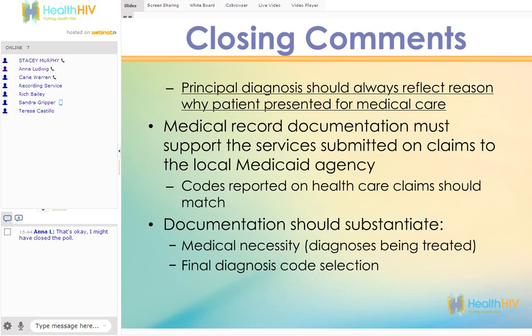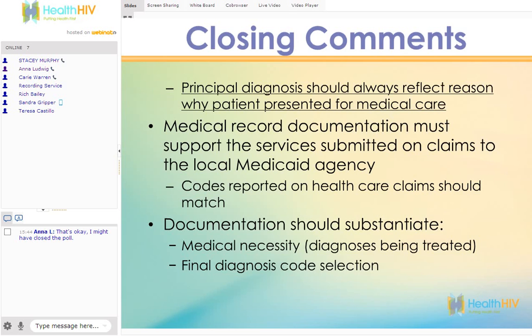Just to clarify, if the patient presents for an acute problem that is not AIDS or opportunistic or age-related, that problem should be coded first. Absolutely. Remember, in terms of coding, think, why did the patient come today? Whatever reason the patient presents for, that would be sequenced as the principal diagnosis.